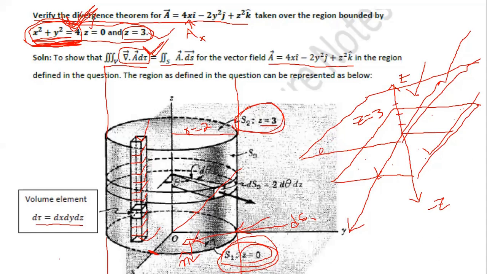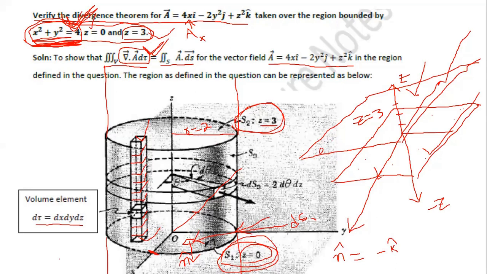This is a flat surface on the xy plane, so the n cap will have a direction along the negative z-axis. A unit vector along the negative z-axis will be minus k cap.